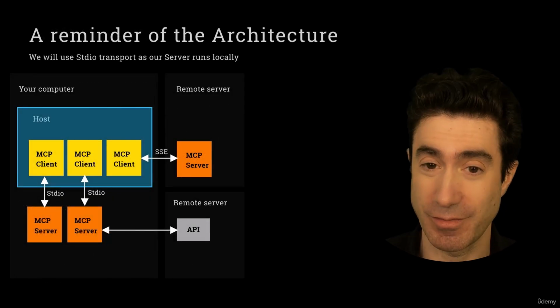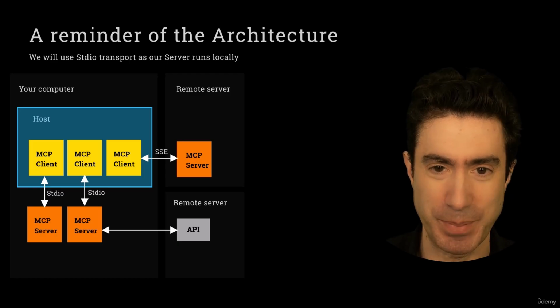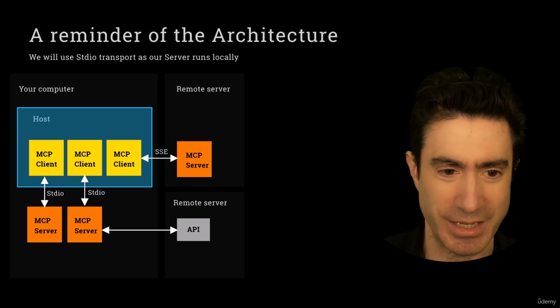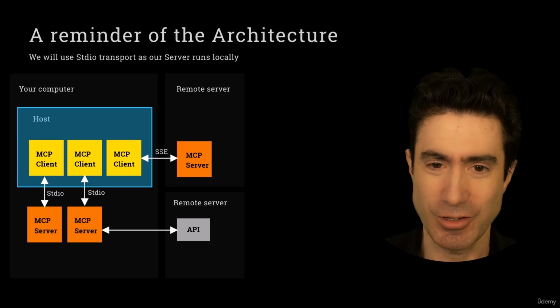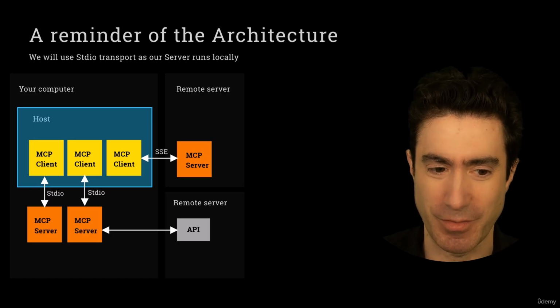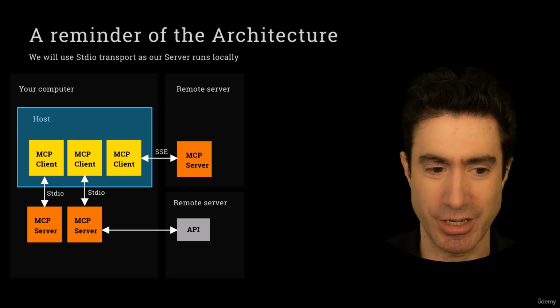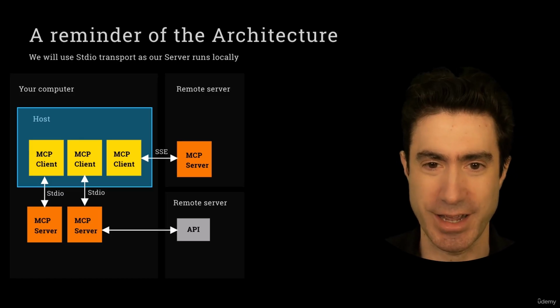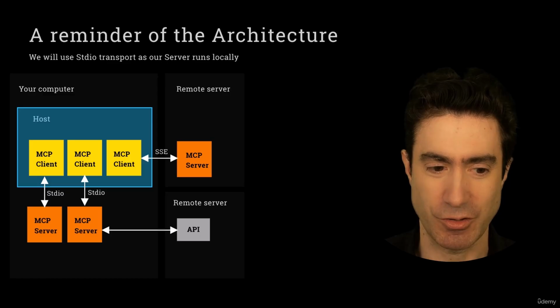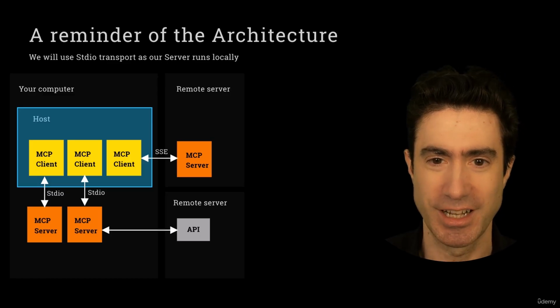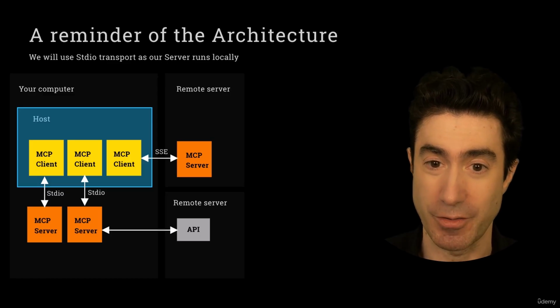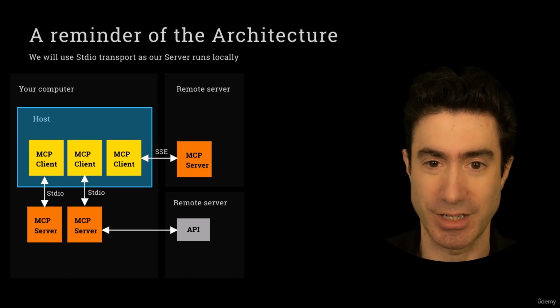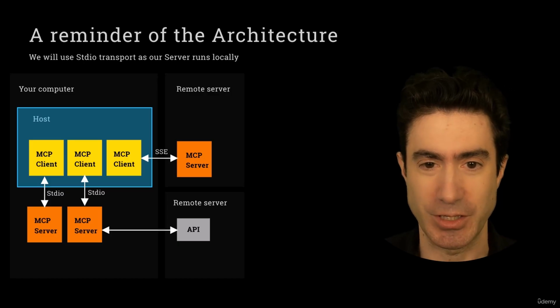Okay, and then also a reminder of the architecture. This is a more busy diagram, but hopefully one that's quite familiar to you now. So the host, the blue box there, runs a number of MCP clients, and I talked about the 3 different approaches. The first of them, that first yellow box, is where an MCP client talks to an MCP server that is running locally on that box, although in a different process that was typically spawned by the MCP client.